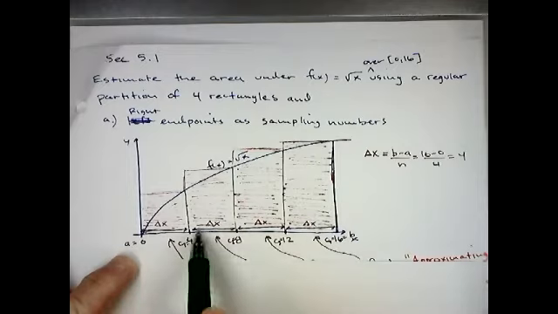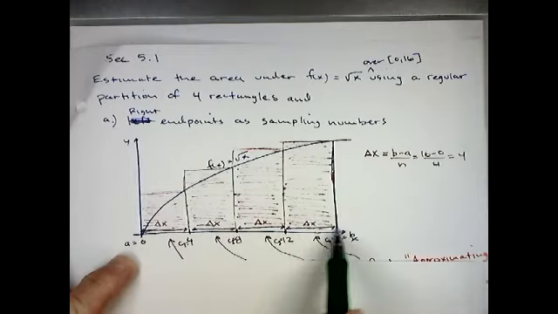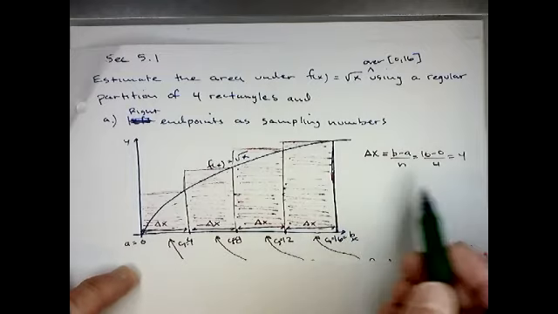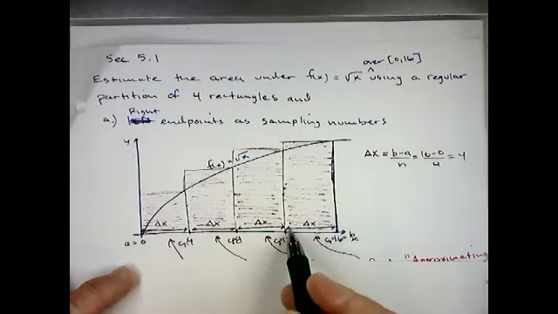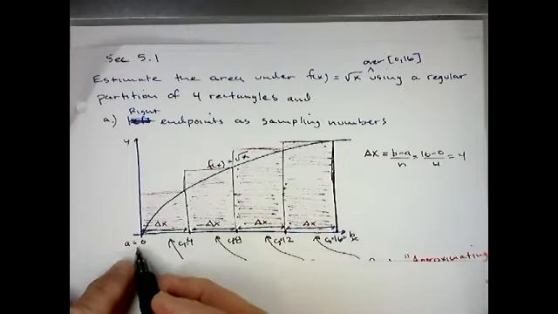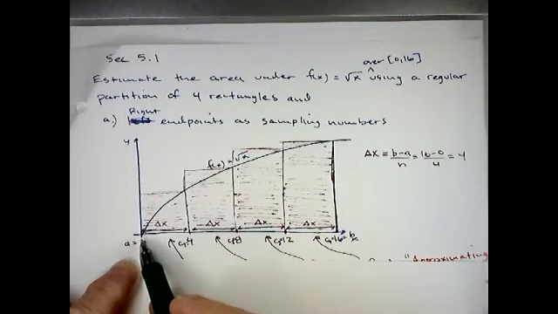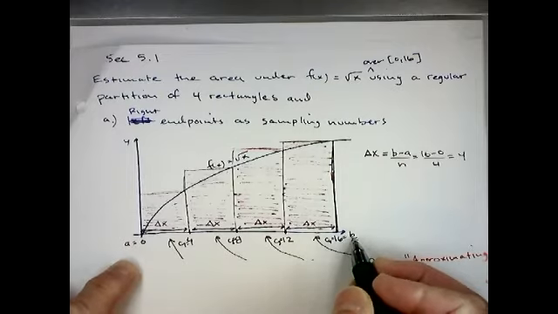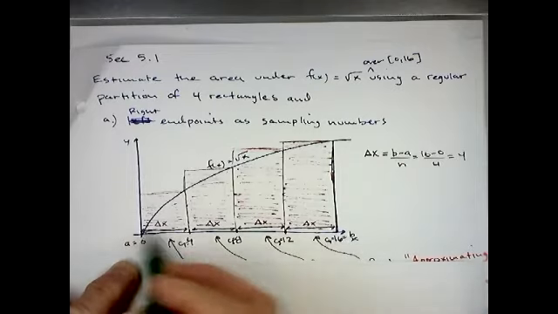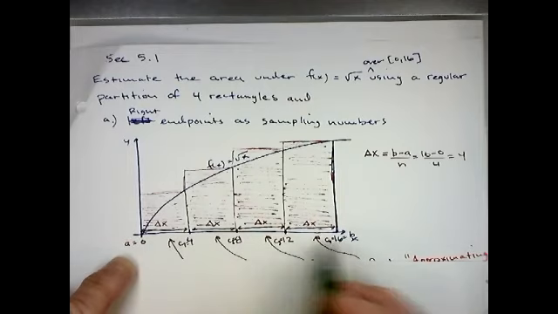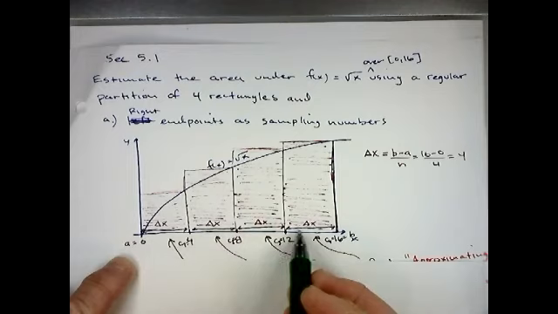Now the width of each rectangle, or each subinterval, we call delta x. And your formula for delta x: traditionally, the left-hand number we call A and the right-hand number, which is 16, we call B. To figure out the width, we want this total length, which of course is 16, and then divide that into 4 equal pieces.